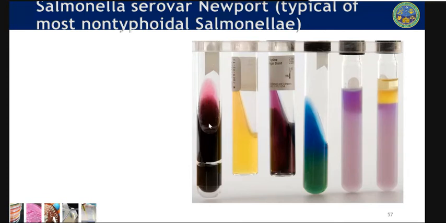You have there K over K, gas positive. This is K over A, H2S positive, gas positive, and then you'll be having here your urease test negative. You have here your LIA, K over A, H2S positive.